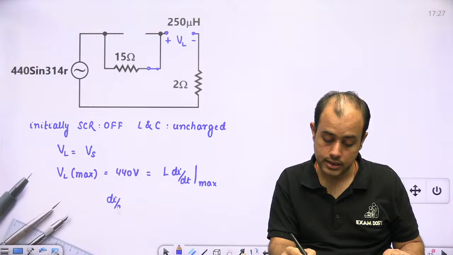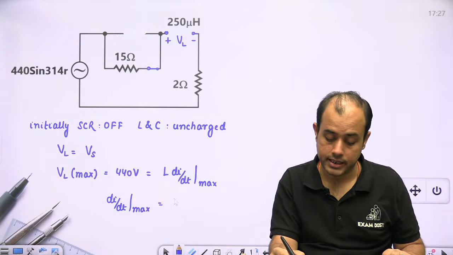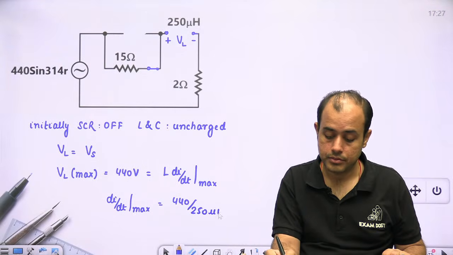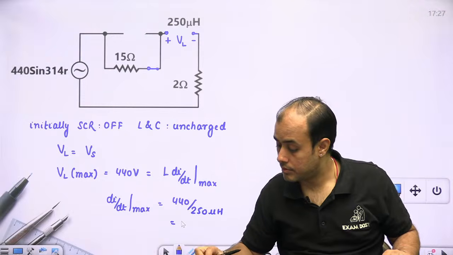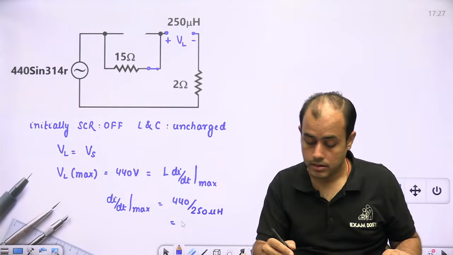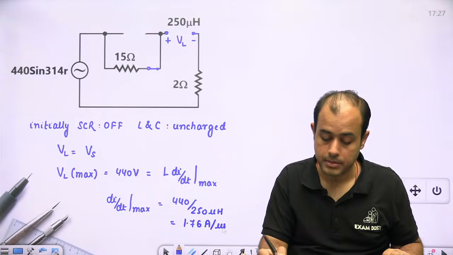So, when the inductor voltage is maximum, I get maximum value of di by dt. 440 by L gives 1.76 ampere per microsecond.